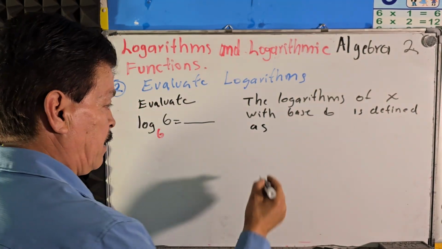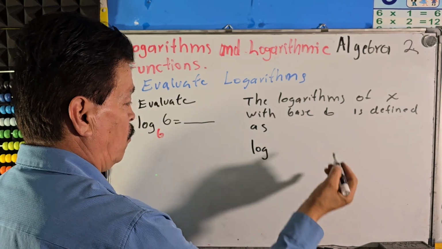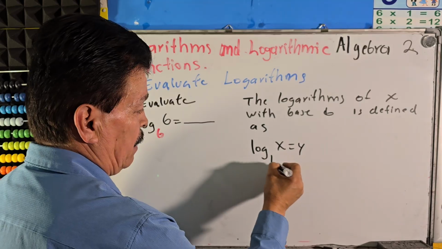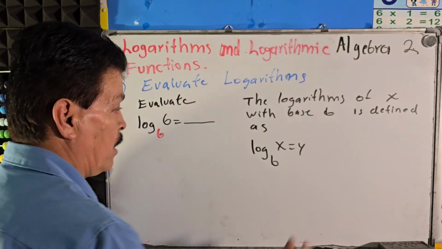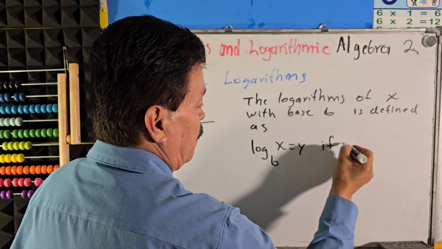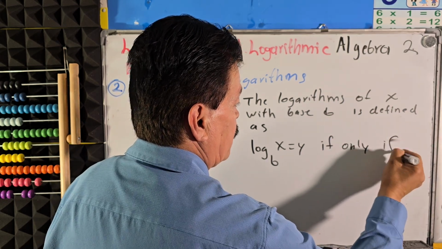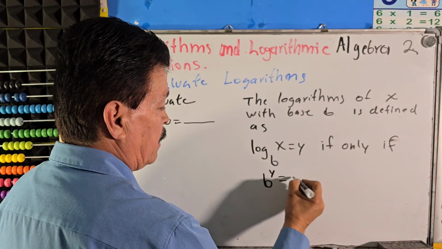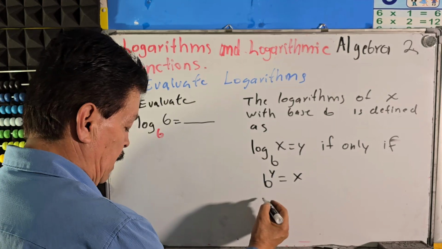Let's write the formula. The logarithm of x with the base b equals y, if and only if b to the y power equals x. You know this rule, right? We have to remember this kind of rule.